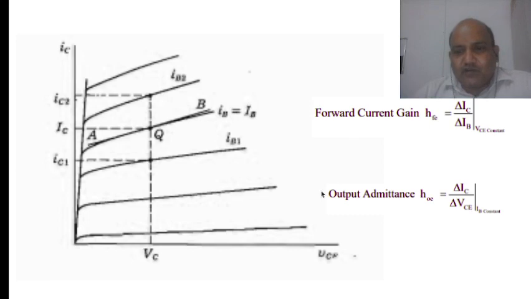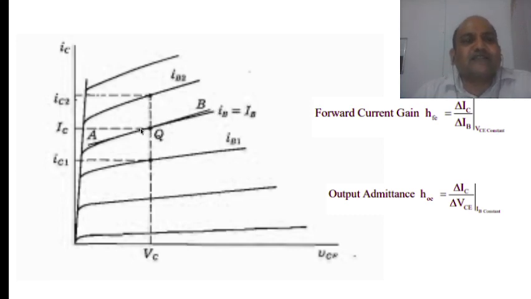Similarly, you can find output admittance. Admittance, you know, is current divided by voltage. IB is fixed here now. You can select this IB or this IB. Choice is yours. Suppose that you are selecting this IB because the Q point is shown here.